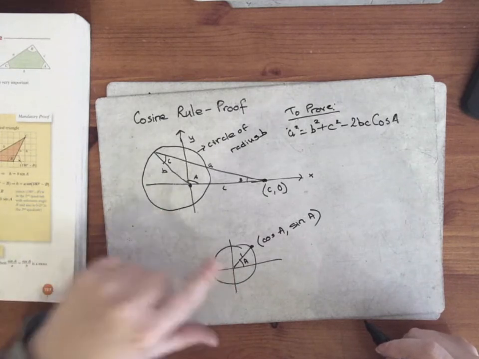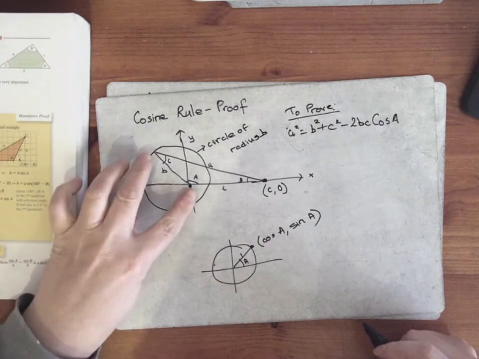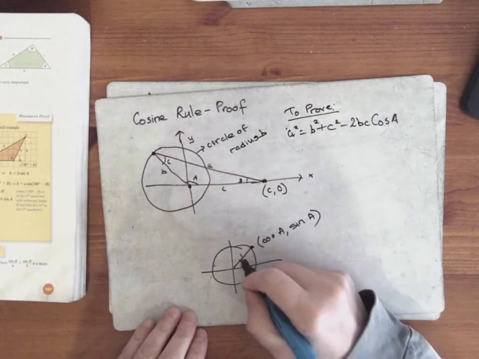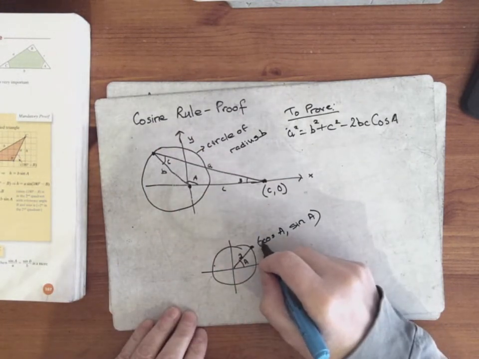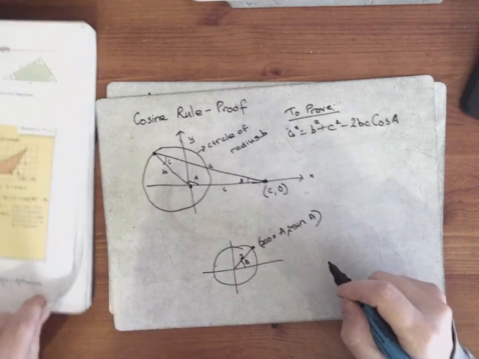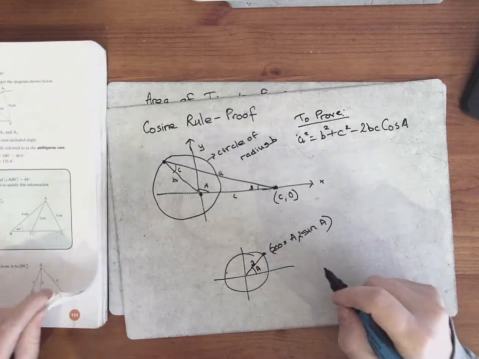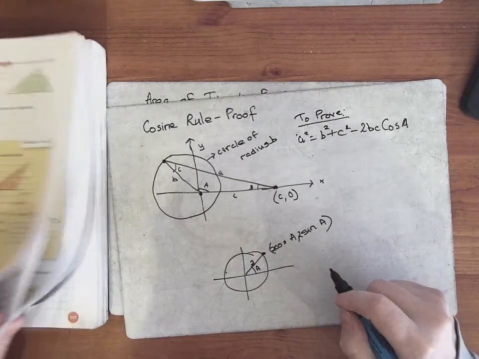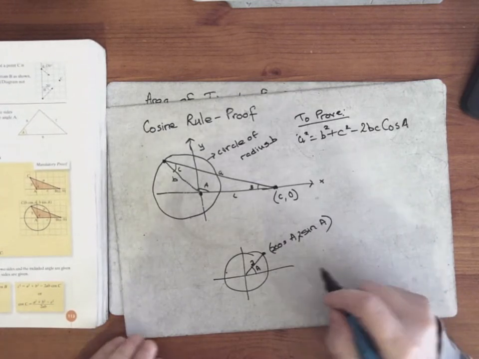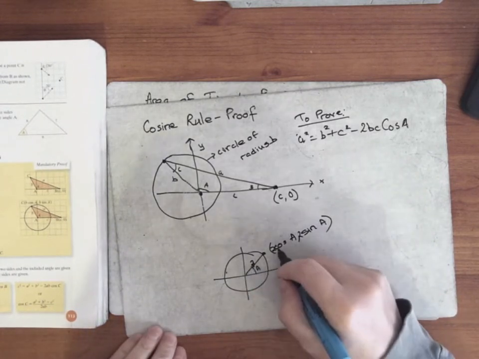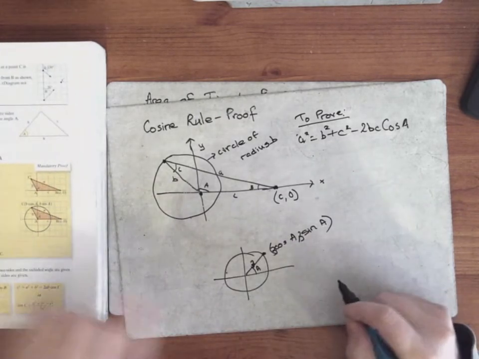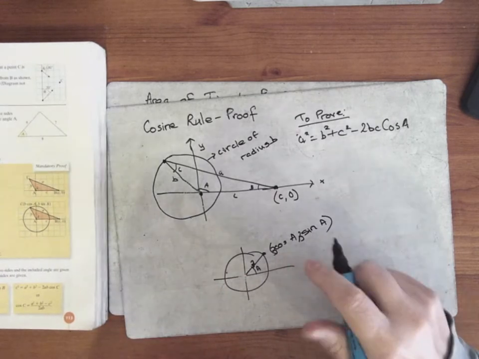This isn't the unit circle now, this has a radius of b, so it doesn't have a radius of 1, but the coordinates, girls, are right. If the radius was 2, it would be 2 cos A, 2 sine A. If it had a radius of 3, it'd be 3 cos A, 3 sine A. So whatever the radius is, that's what the coordinates are multiplied by.